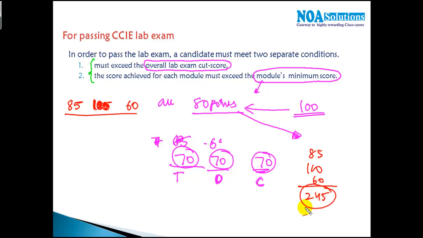So even though the overall score is above 80, if any one section has less than the minimum score, in that case you will be declared a fail.